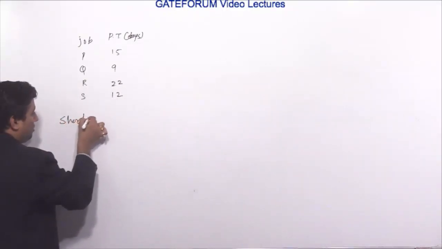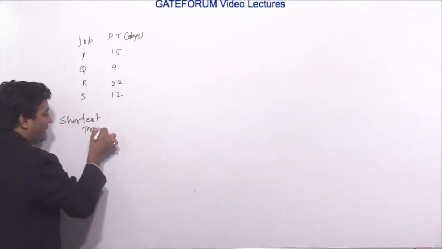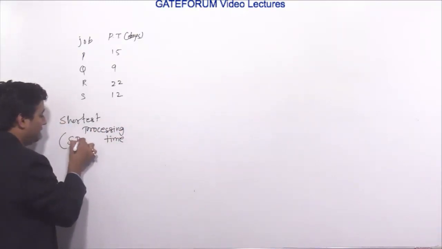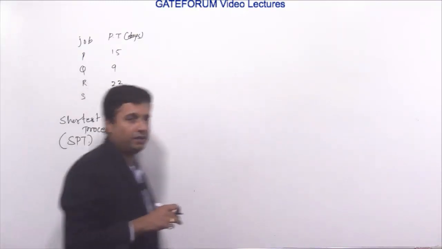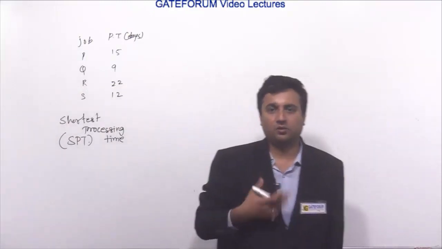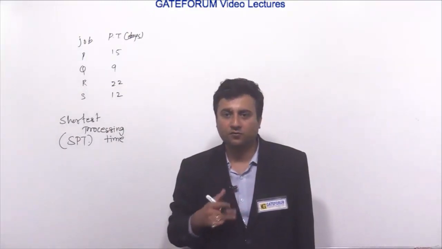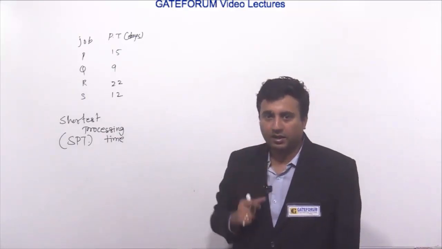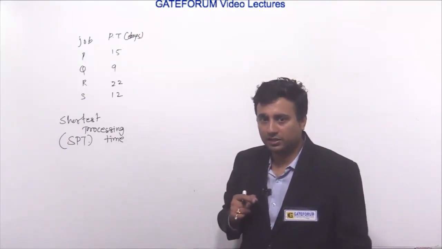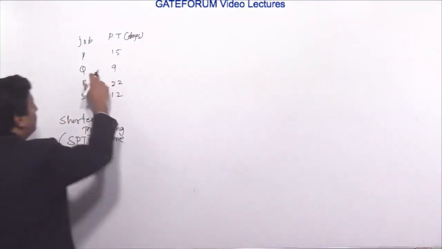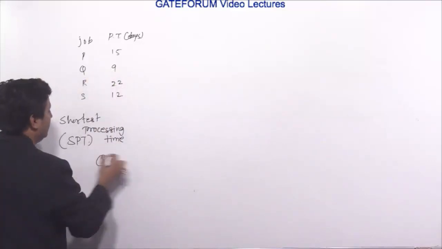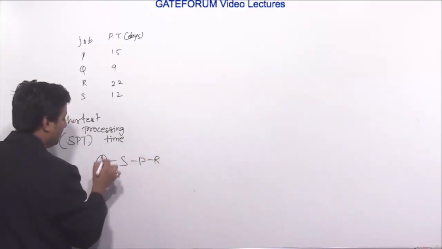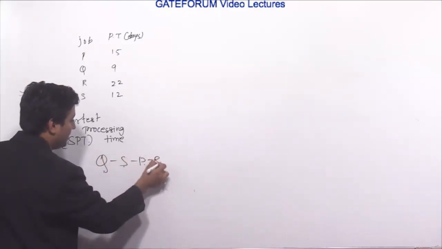In it, we sequence the jobs according to their processing time, the least first and the maximum last. So the first, the minimum, is Q, then S, then P, then R. That will be your sequence: Q first, then S, then P, then R.